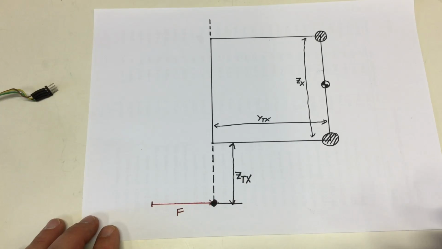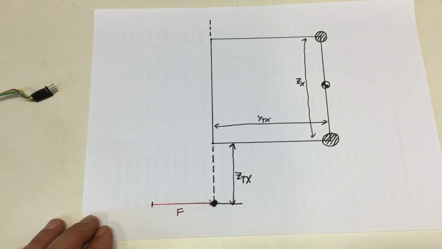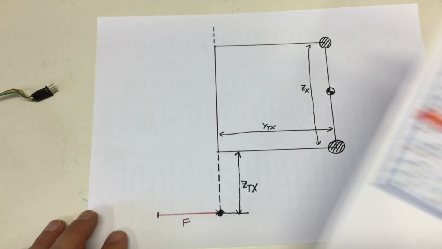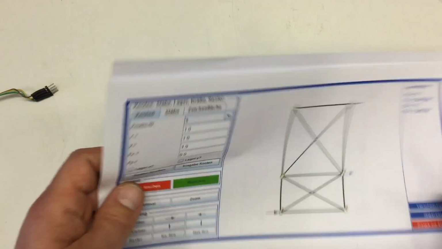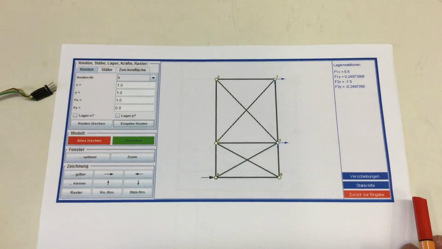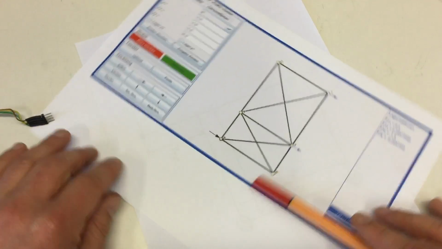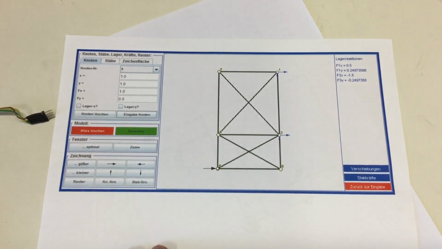As before, I've done it for the forces on the z-axis. I put that into some software for statics calculations, and this time I entered the data correctly, so I don't have to turn it awkwardly.